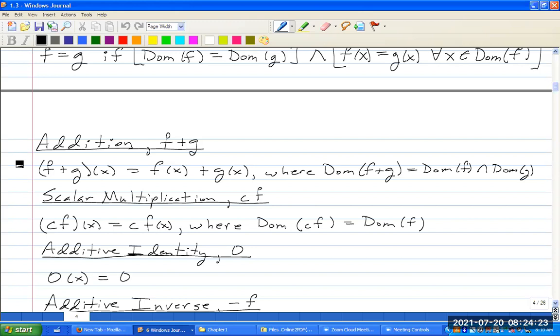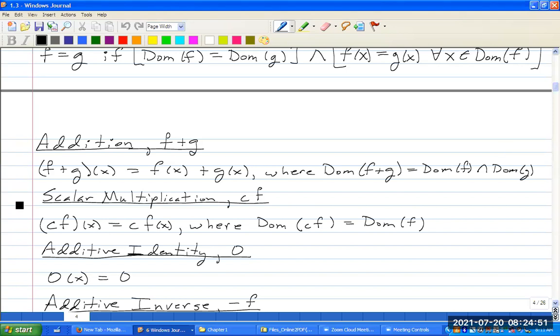Actually, all of these definitions will be defined pointwise. And so f plus g evaluated at x will just be f of x plus g of x, where the domain of f plus g is defined as equaling the domain of f intersect the domain of g.